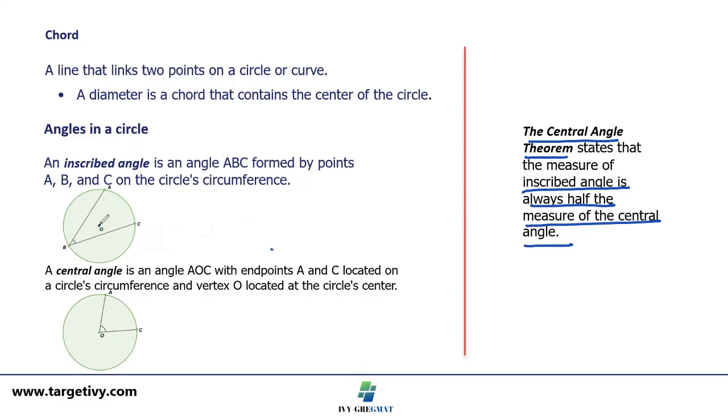If I draw an angle here, say this is 60 degrees, then this is 30 degrees. Say this is 80 degrees, then if I draw an inscribed angle here, this will be 40 degrees. Got it, folks? So that's the central angle theorem.